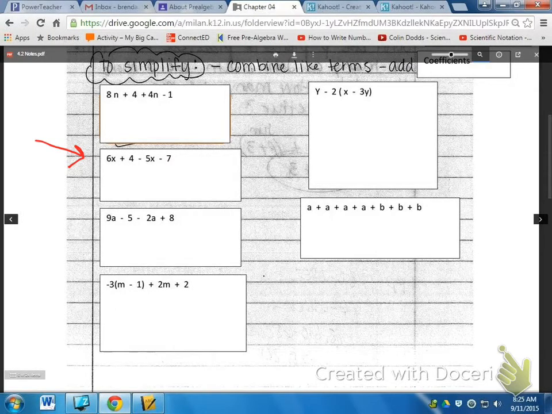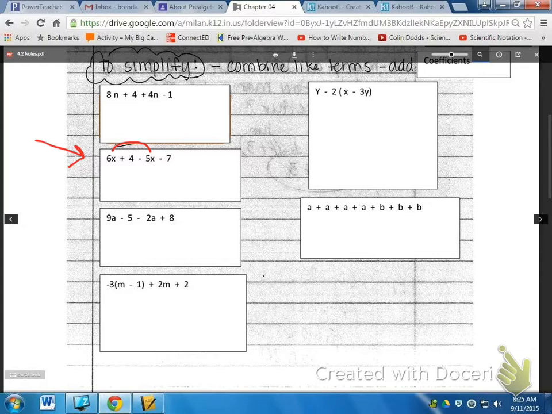So 6x plus 4 minus 5x minus 7. Does anybody want to try simplifying that together? Haley, what do you think? We need to add together the 6x and 5x. Right. So it's positive 6 and negative 5. So I have 6 and I go back 5.